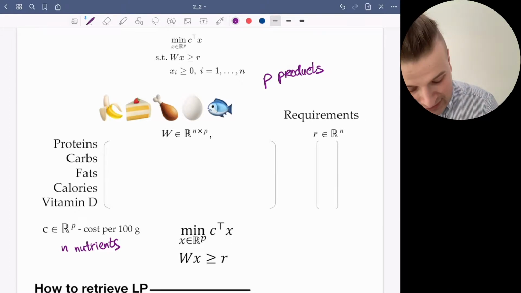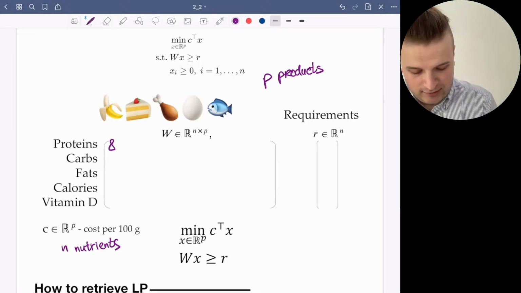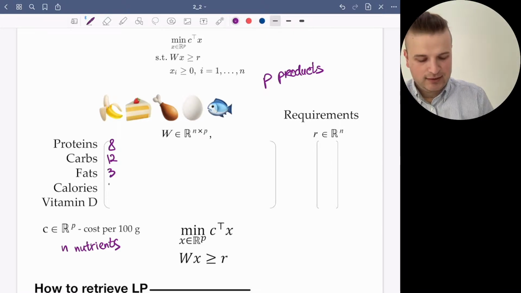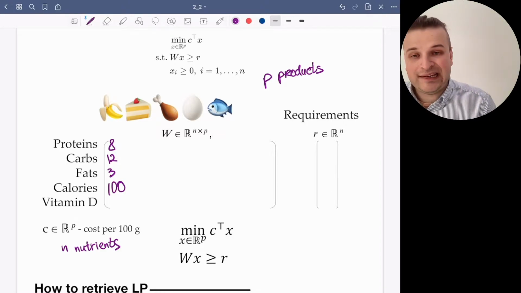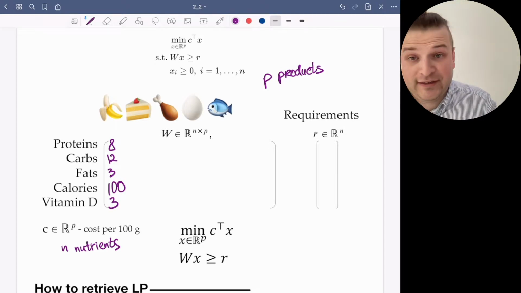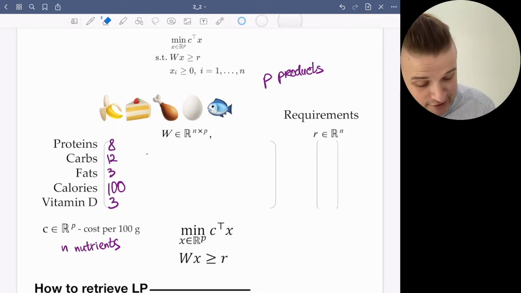For example, banana has, I don't know, 8 grams protein per 100 grams, say 12 carbs, 3 fats, 100 calories, and some milligrams of vitamin D, say 3, and etc. So we have a matrix of all this nutrition information.